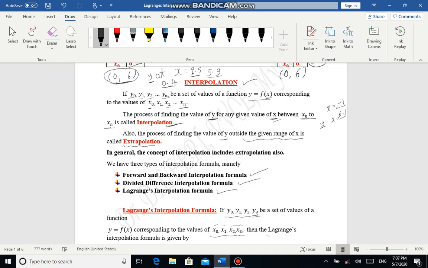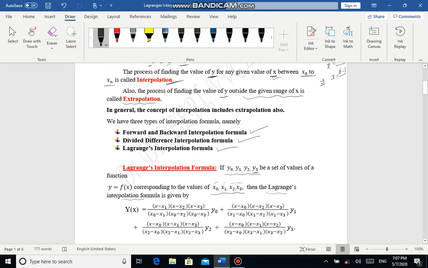then the Lagrange's interpolation formula is given by, observe the terms here, x minus x1. I'm not considering the first term of x. This is the first term of the formula. Here x0 we are not considering in the numerator. x minus x1 into x minus x2 into x minus x3. Now observe the denominator.